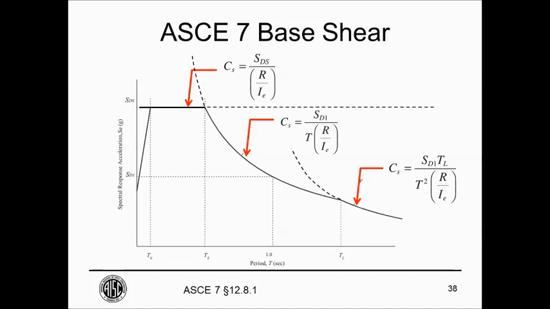Okay. Let's see if we can get to a couple more here. This is a question about the overstrength factor, omega. Why is it in ASCE 7, when using the overstrength factor in member design, the code allows using a 20% increase in strength capacity for ASD, but not for LRFD?